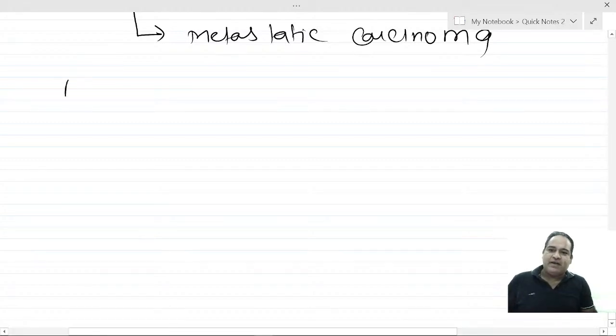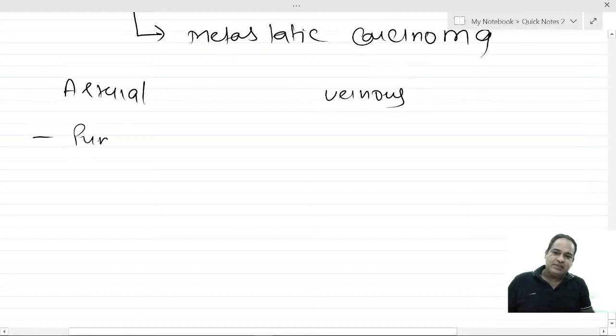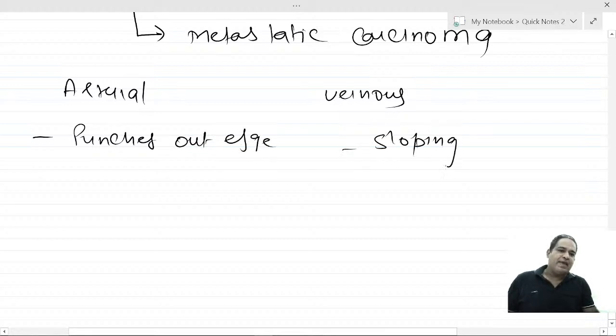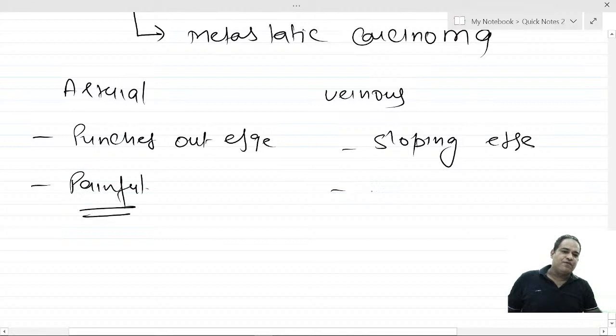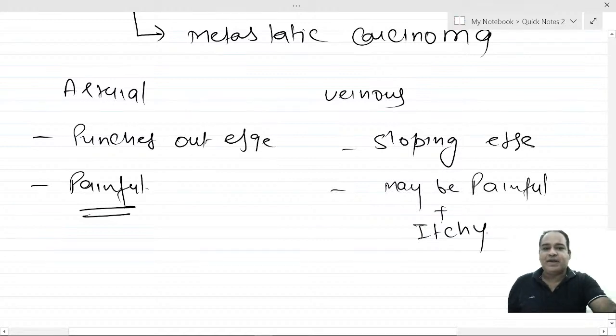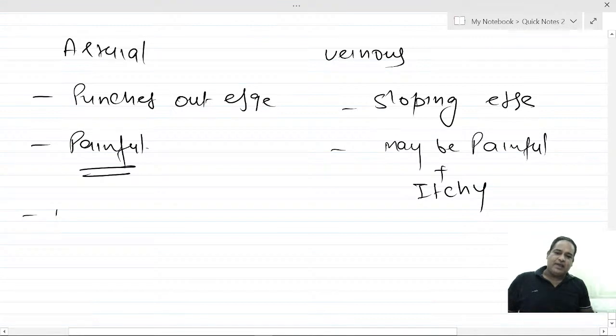Difference between arterial and venous ulcer. Arterial ulcer: punched out edge. Venous ulcer: sloping edge. Arterial ulcer is excruciatingly painful. Venous ulcer may be painful, plus they are itchy.